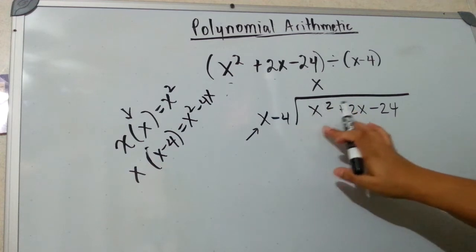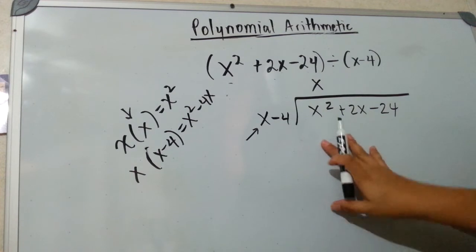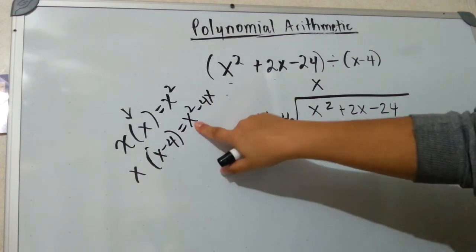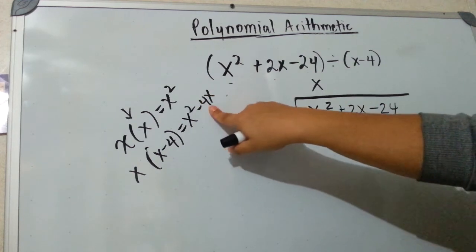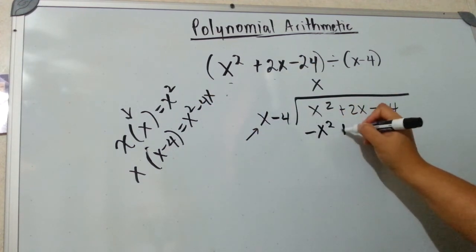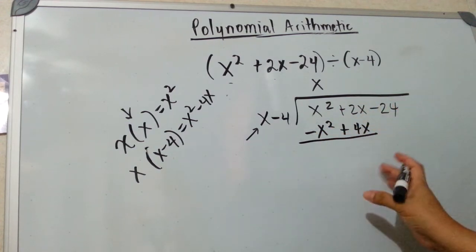And we're going to write it over here underneath the dividend. But remember, we're going to be subtracting, and when we subtract the polynomial, we have to change the signs. So this is positive, and this one's negative, and they're going to change signs. So this becomes negative, and this becomes positive. Right? This is the equivalent of subtracting.